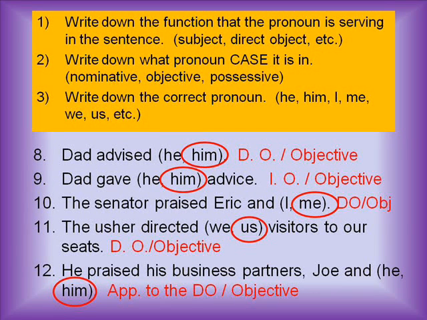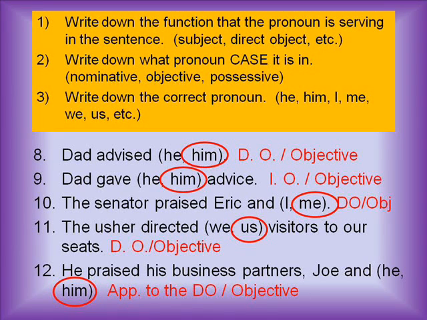Okay, here are the answers for that. Number 8, Dad advised him. Him is the direct object, so you have to use the objective case. Number 9, Dad gave him advice. This time the pronoun is the indirect object, so we still use the objective case. Number 10, the senator praised Eric and me. Me is a direct object, so you use the objective case.